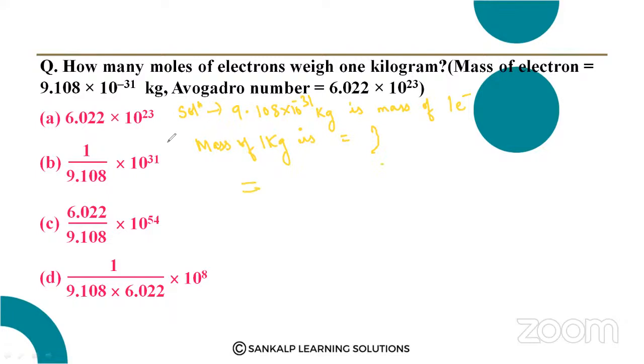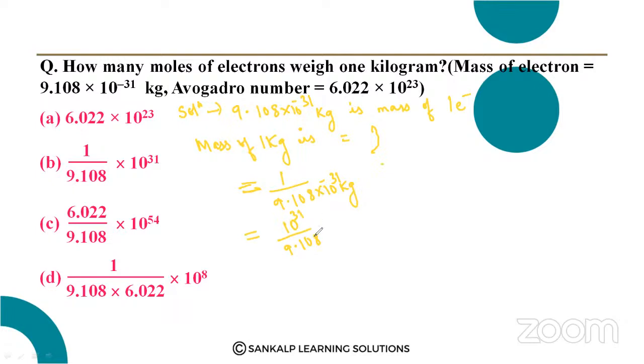Cross multiplying, it will be 1 divided by 9.108 into 10 raised to minus 31 kg. This is with respect to 1 kilogram. Simplifying further, you can take this upside, so 10 raised to minus 31 goes up and becomes 10 raised to 31.